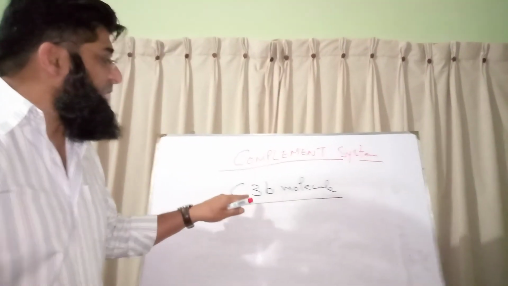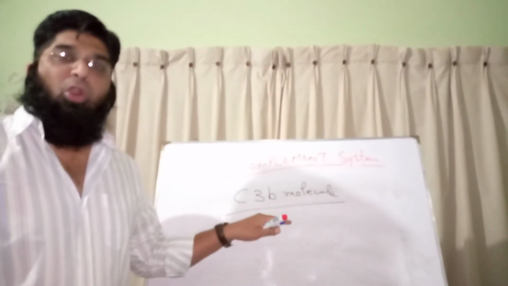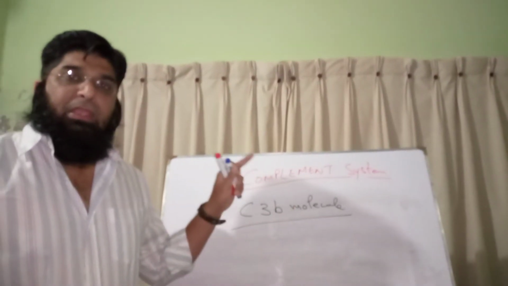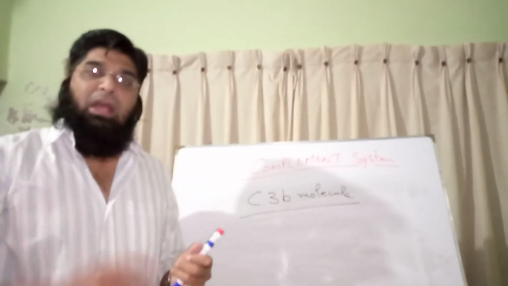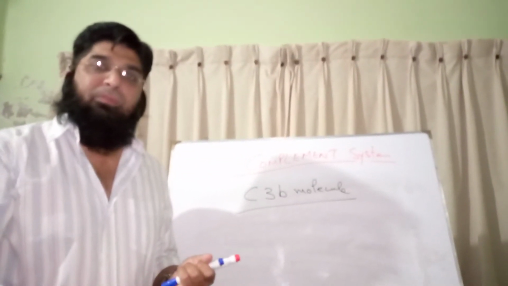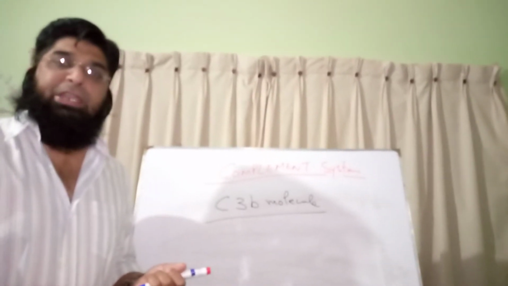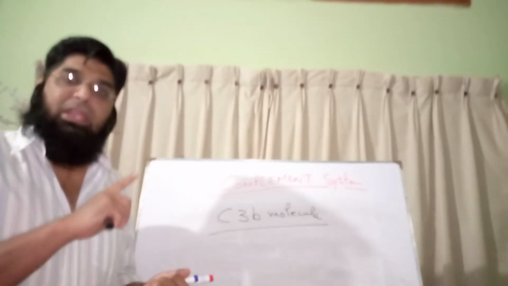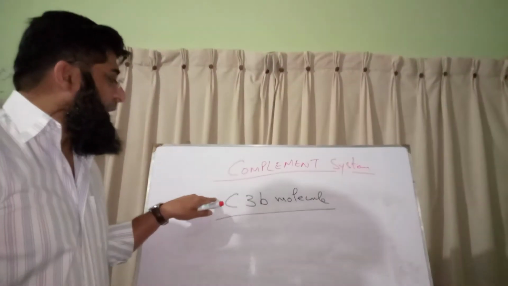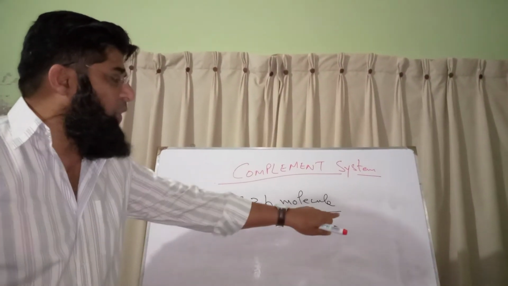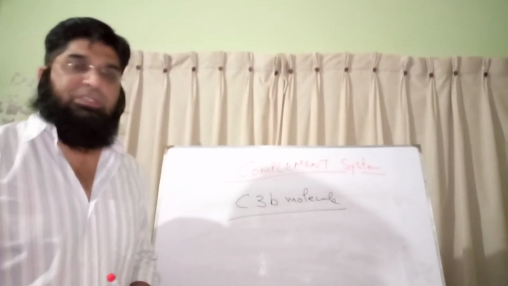That is, the C3b complement protein is formed as a result of activation of either the classical pathway, the alternative pathway, or the lectin pathway. It is the main molecule formed as a result of these three pathways.